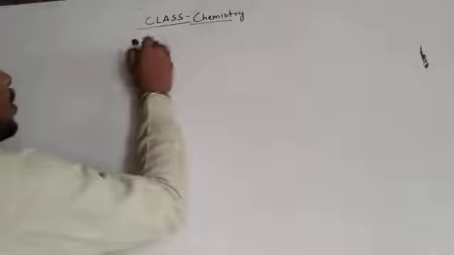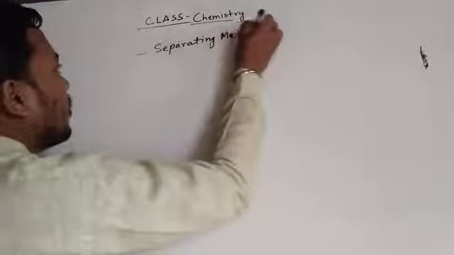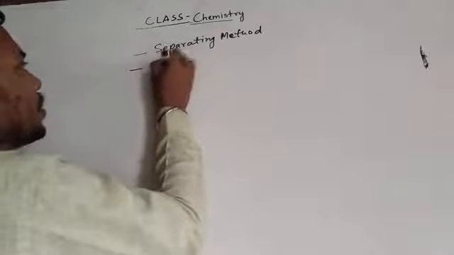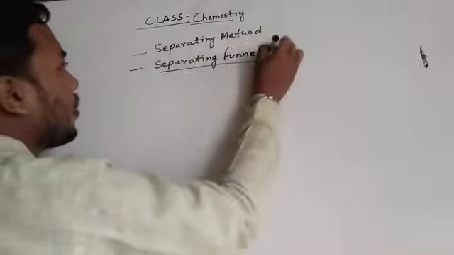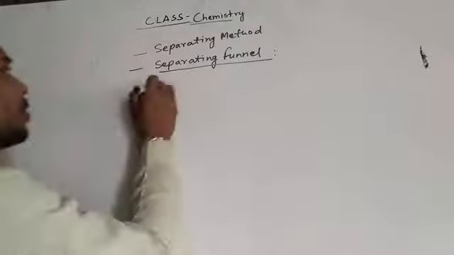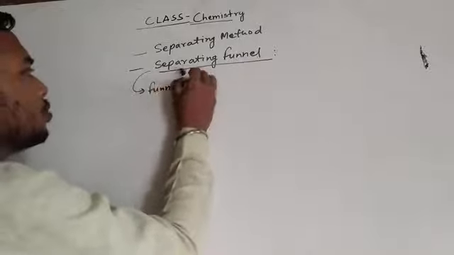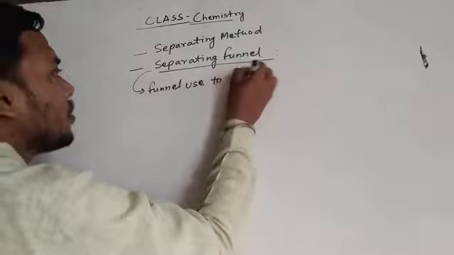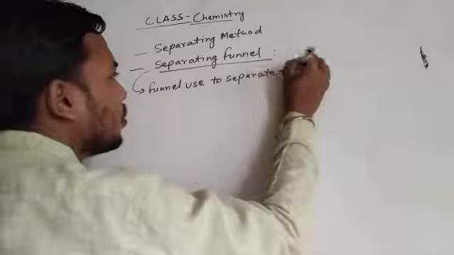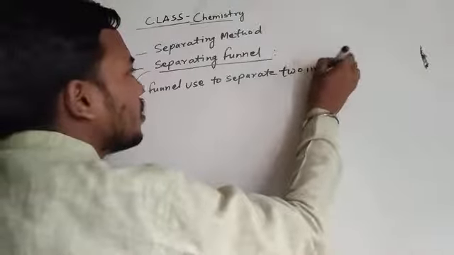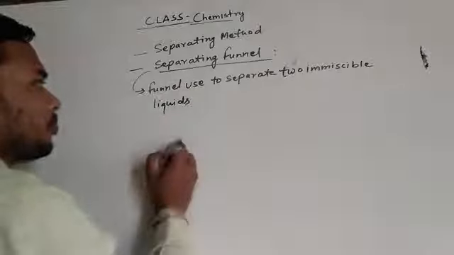In this video, we discuss separating methods. The first separating method is the use of a separating funnel. With the help of a separating funnel, we separate two immiscible liquids.